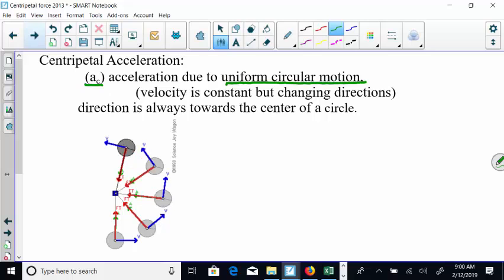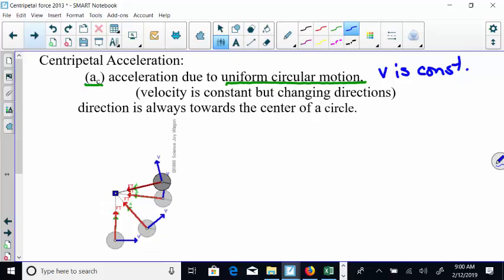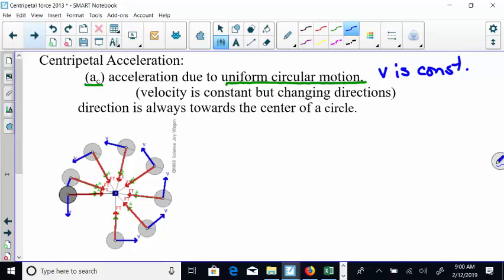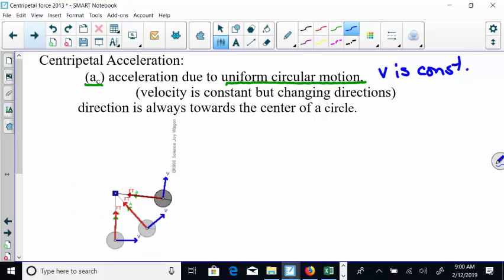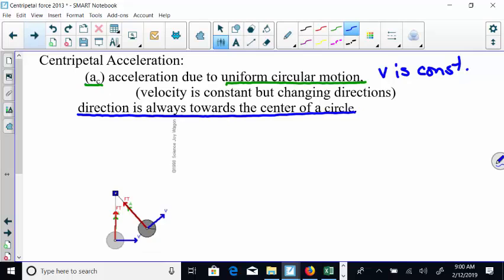Essentially, that means that the velocity is constant, but we have acceleration because of what I just showed. So right here, the velocity is constant, but it's changing direction. And here's the other important thing: that direction is always towards the center of the circle.